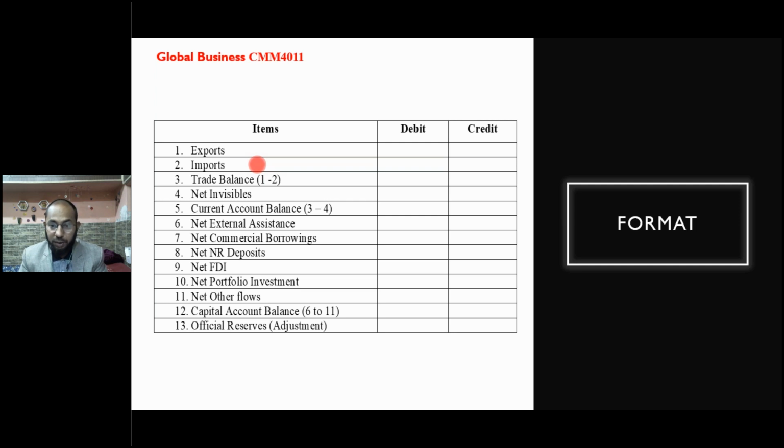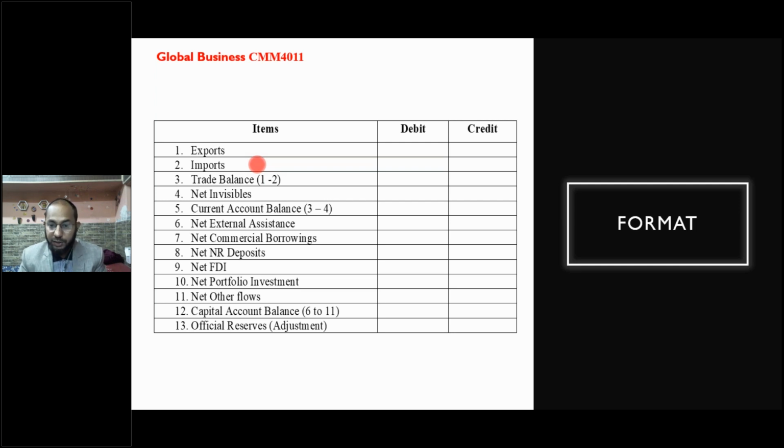So this is the relevance of trade balance. A persistent negative trade balance is a problematic issue for the country, and a persistent surplus trade balance is also a problematic issue with respect to currency valuation.